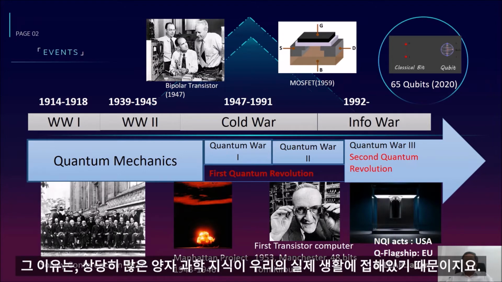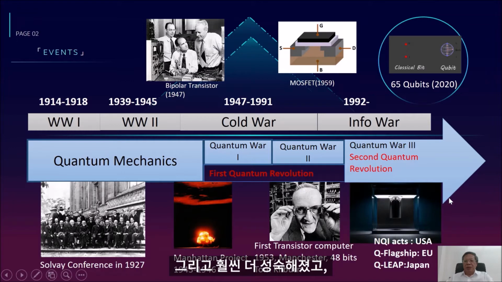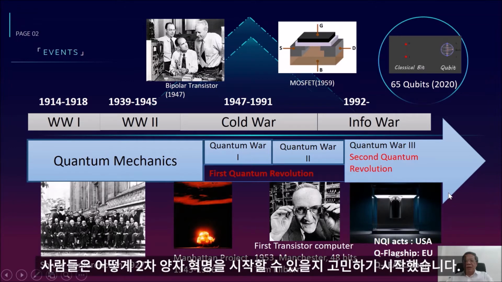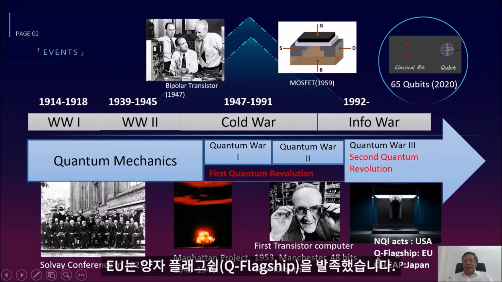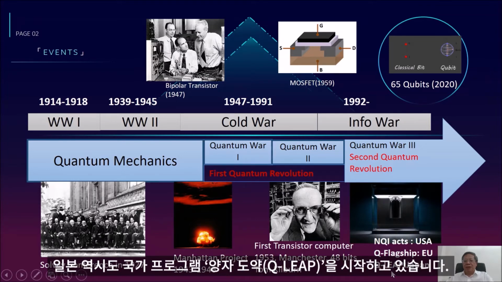The reason is that quite a lot of quantum science knowledge was never applied to real life, and it has become much more mature. So the USA initiated the National Quantum Initiative Act in 2018, the European Union had the kickoff meeting of the Quantum Flagship, and Japan also had a national program of quantum labs at that time.